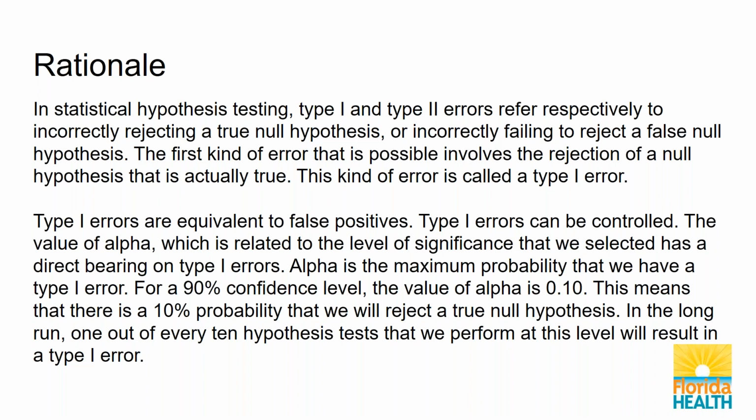The value of alpha, which is related to the level of significance that we selected, has a direct bearing on type 1 errors. Alpha is the maximum probability that we have a type 1 error. For a 90% confidence level, the value of alpha is 0.10. This means that there is a 10% probability that we will reject a true null hypothesis. In the long run, 1 out of every 10 hypothesis tests that we perform at this level will result in a type 1 error.